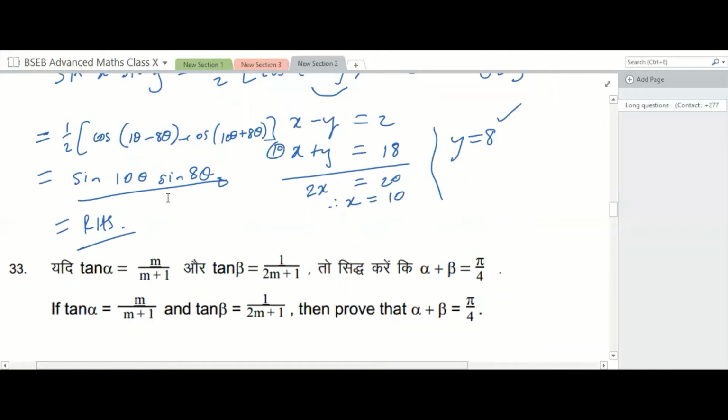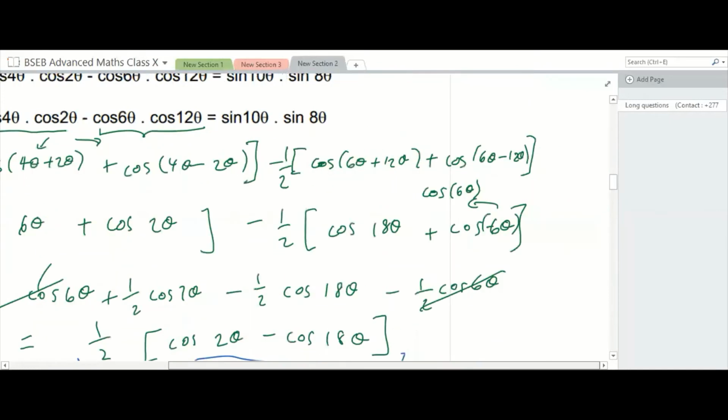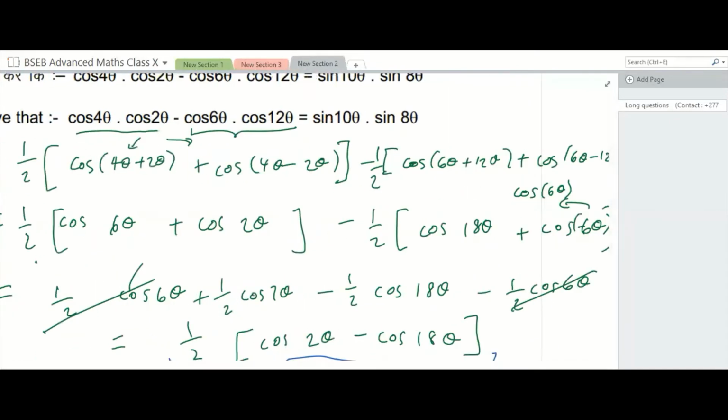Let's see. So what we have done here on the left hand side was we used half angle for the first part and a half angle for the second part. And just zoom out from there.